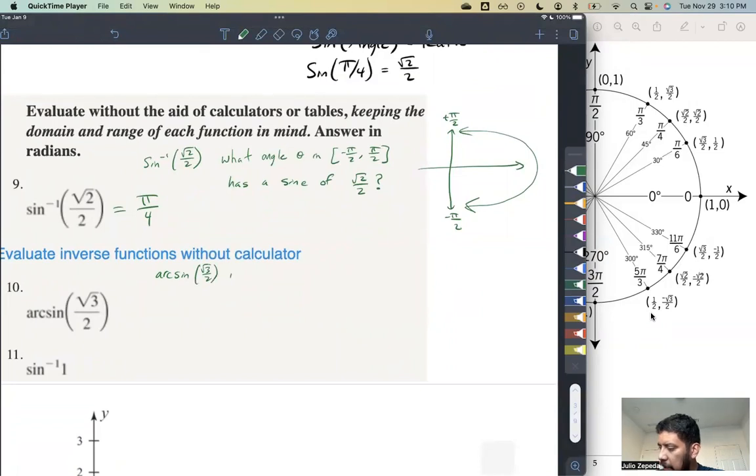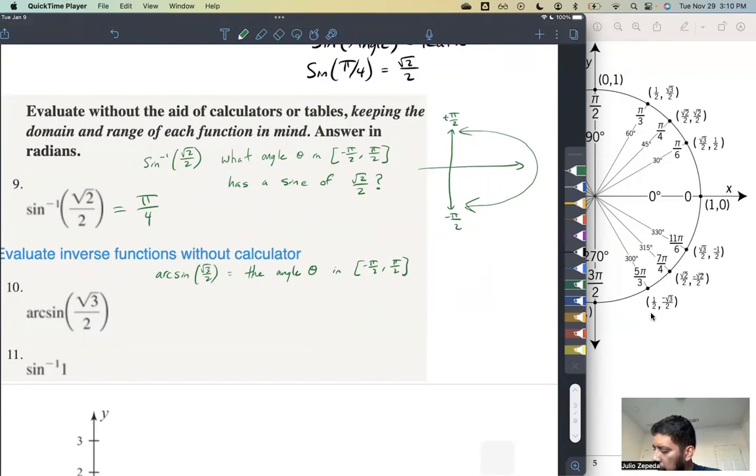is basically asking, what is the angle, and I always like to use angle theta, we'll see why later, in negative pi over 2 to pi over 2, in the same two quadrants since we're still talking about the inverse sine.